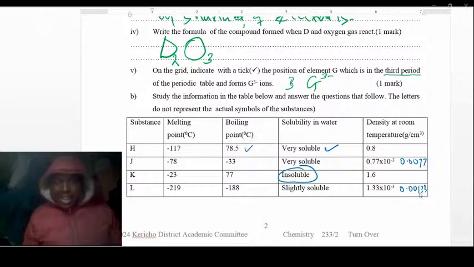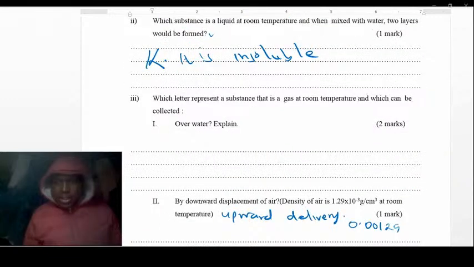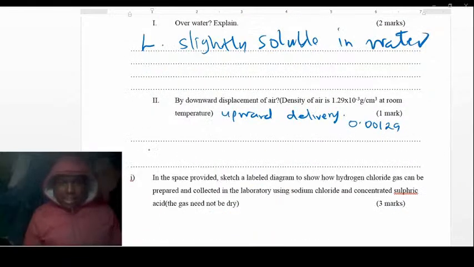It is denser than air. K is even denser than air. Look at J. J is 0.07, meaning it is less dense than air. So J is the correct gas that is going to be collected by upward delivery. So here the answer is J.